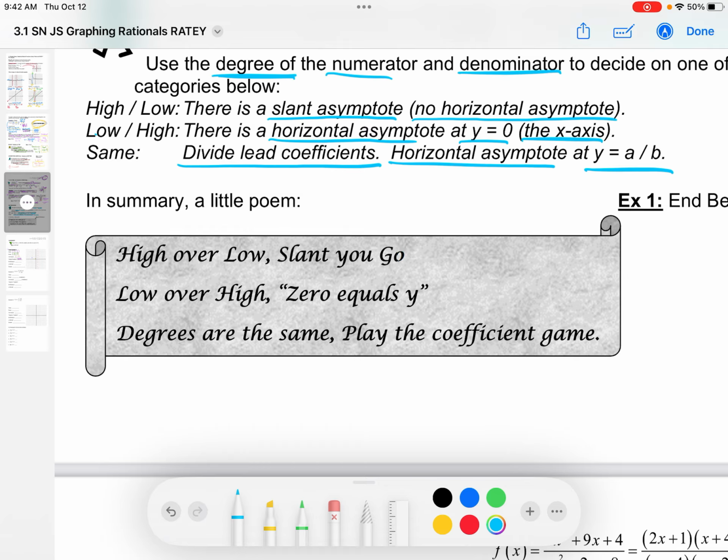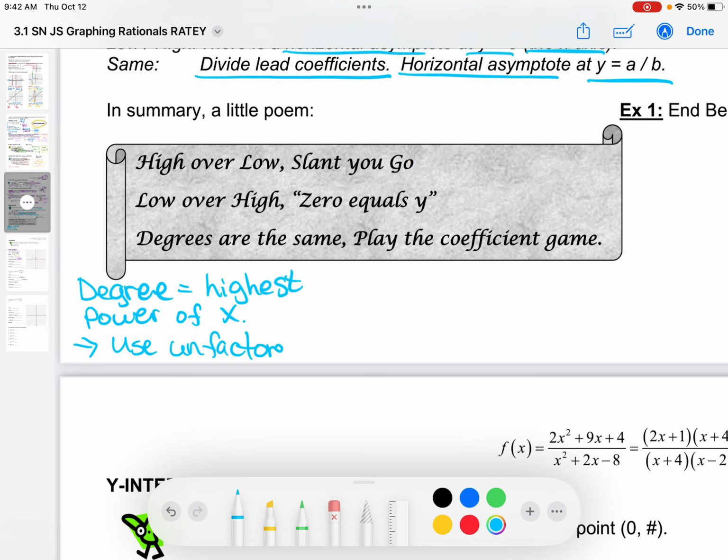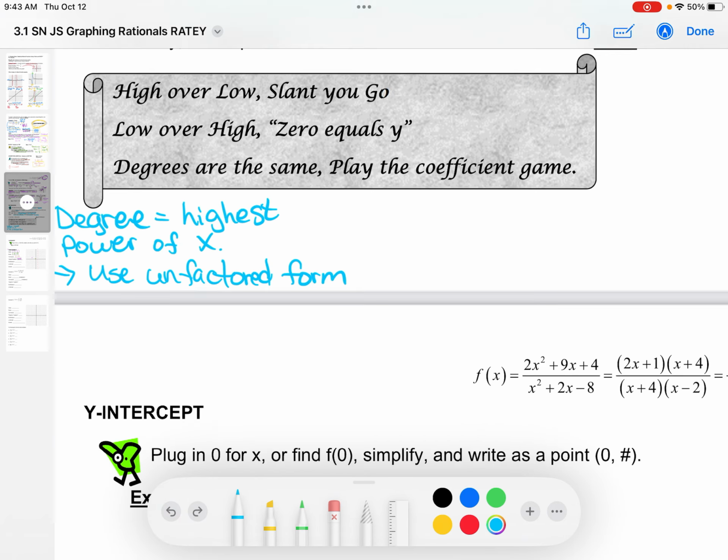So if we look at our example, we look at the degree. Remember, the degree of the polynomial is its highest power of x. And to find the degree, I would use the original unfactored form, because it's going to be a little bit more direct that way.